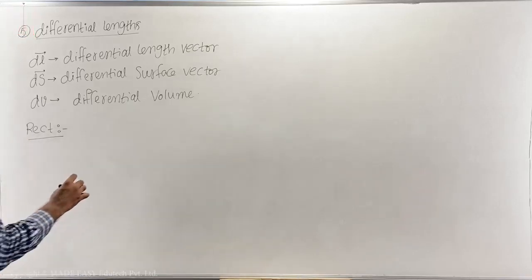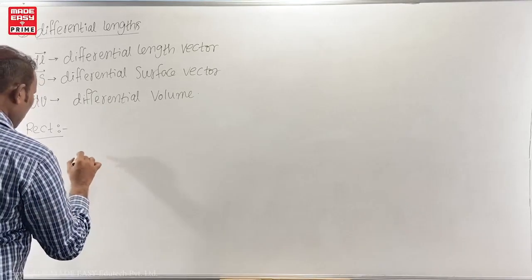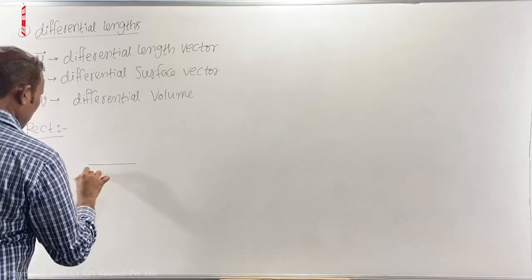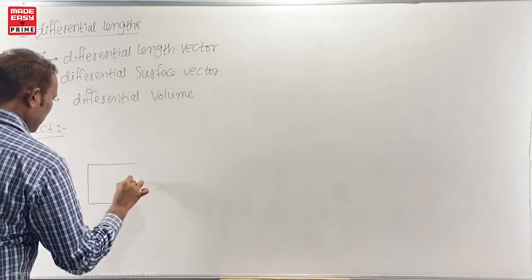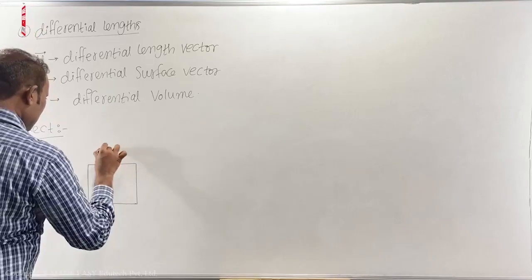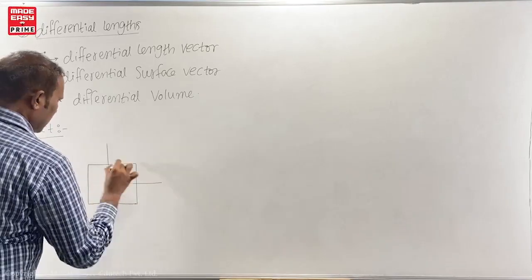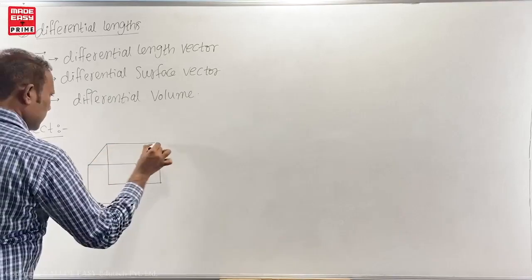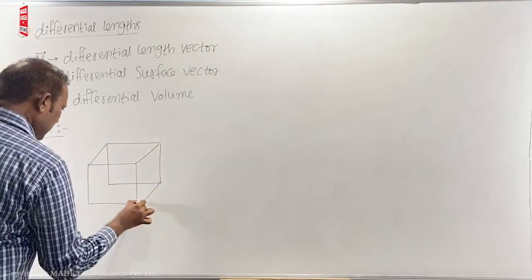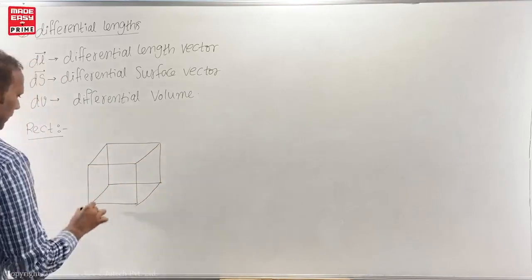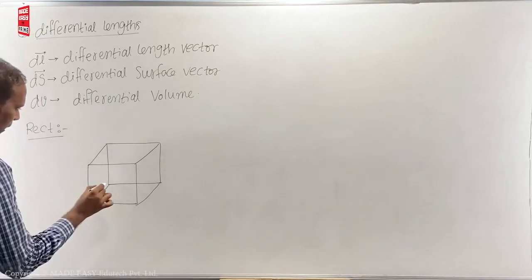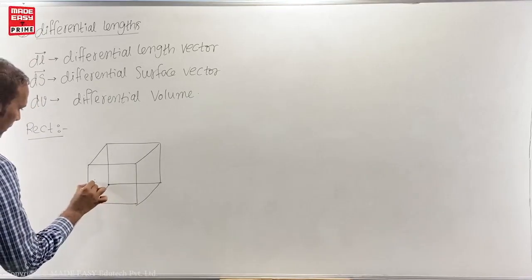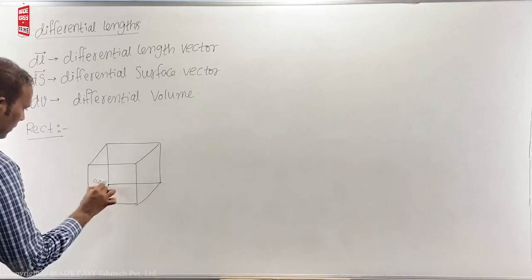So in the rectangular system, let us take one very small cube. Like this I am taking a cube, dear students. So you join them like this. Now here this is the origin, 0, 0, 0.